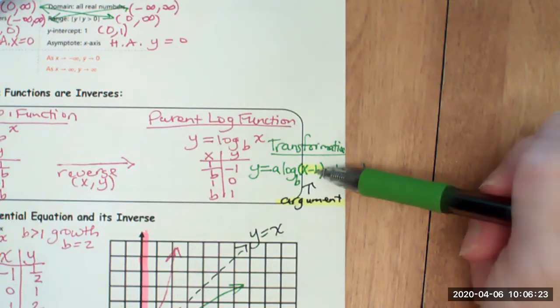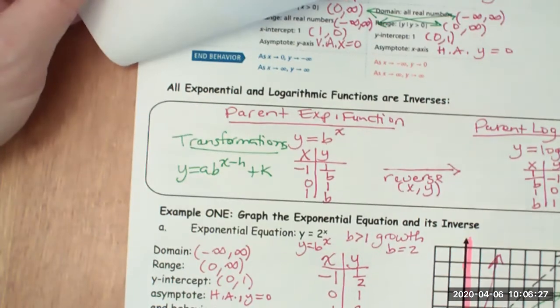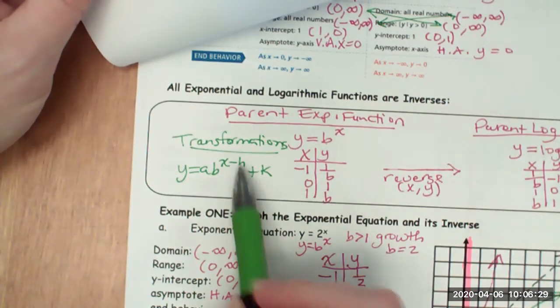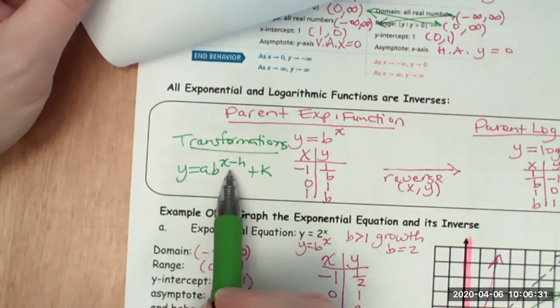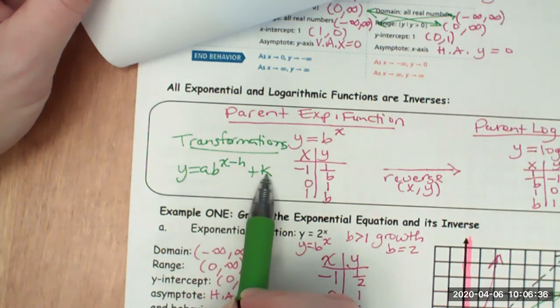Okay, so remember when we were dealing with graphing exponential functions before spring break, we always had a horizontal asymptote at y equals 0 unless we shifted up or down, unless we changed k.